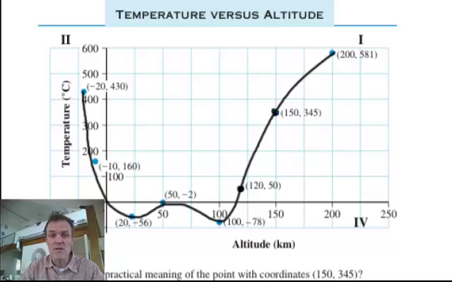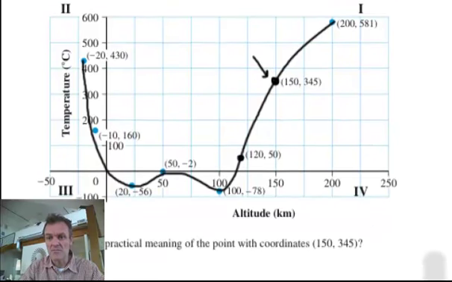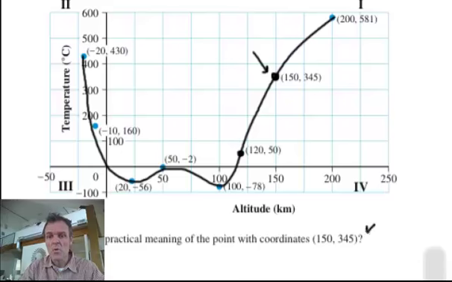So if I pick this one here, the question is: what is the practical meaning of this point? 150 on the x, 345 up the y. This is saying that at 150 kilometers in altitude, the temperature is 345. The x coordinate, the y coordinate.